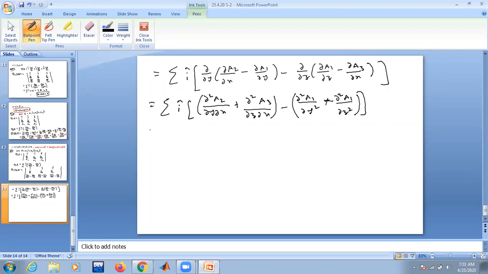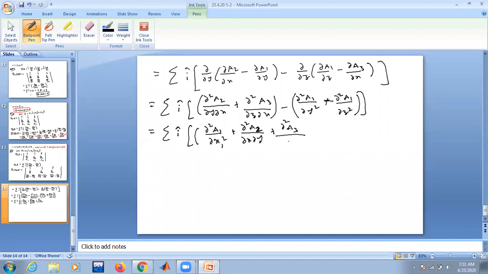So I'm going to add and subtract one term. I'm going to add dou square a1 by dou x square. I would like to add and subtract dou square a1 by dou x square, and I want to change the order. Instead of dou square a2 by dou y dou x, I would like to write dou square a2 by dou x dou y, plus dou square a3 by dou x dou z, instead of dou z dou x.